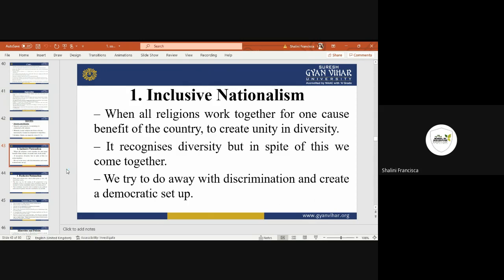Every state has its own culture, language, and dresses. Still, we are called Indian. We try to do away with discrimination and created a democratic setup.